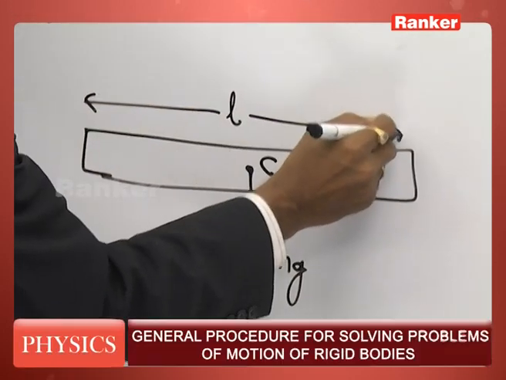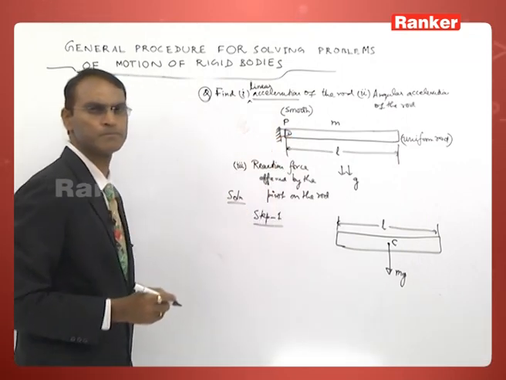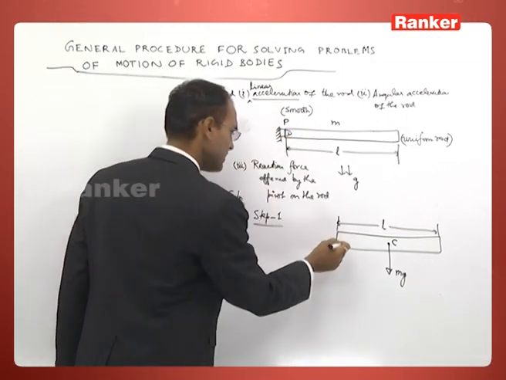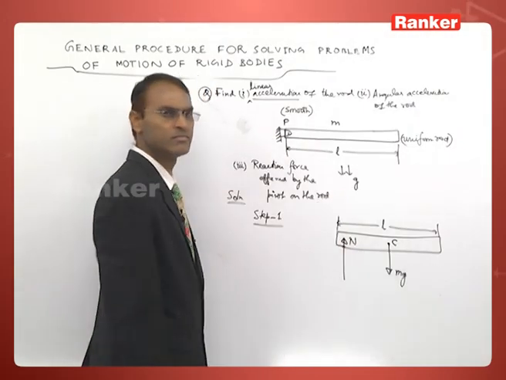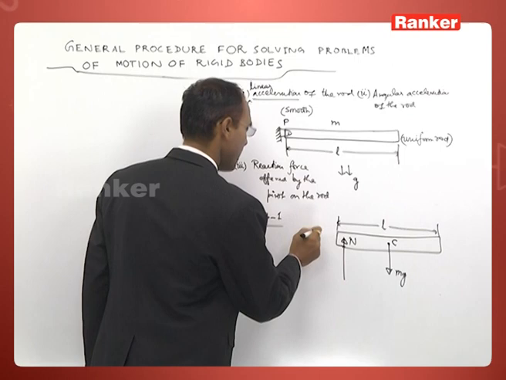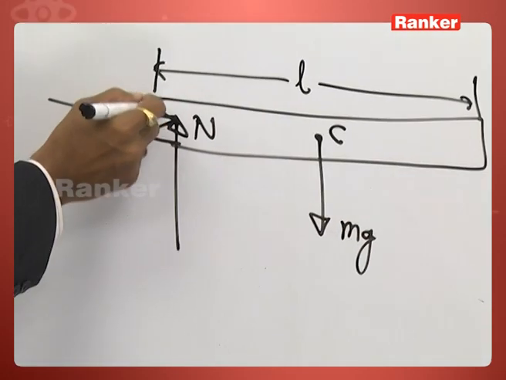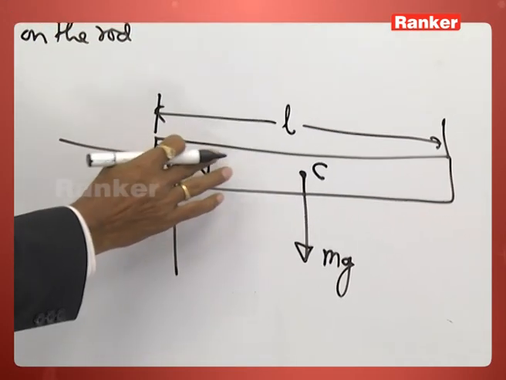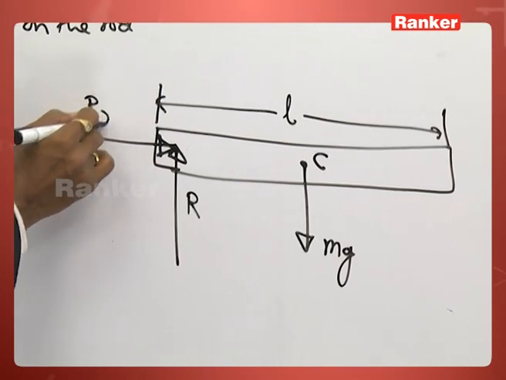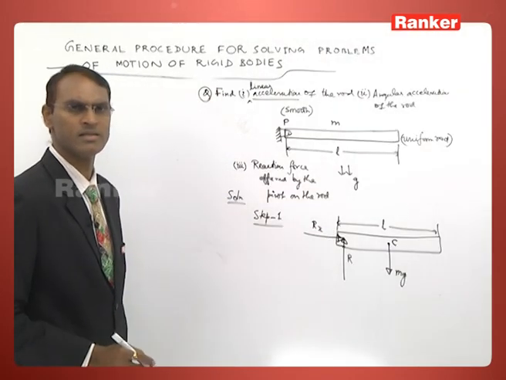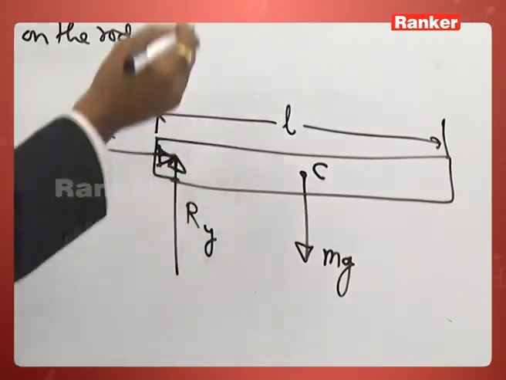The length of the rod is given as L. At this pivot, we have a normal reaction, we have another reaction force along the horizontal direction. We can call it Rx. Along normal direction, let the reaction force be Ry.